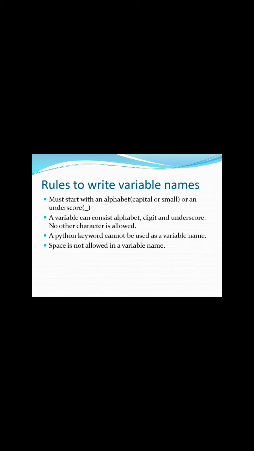So let's see the rules to declare or write a variable name. First, it should always start with an alphabet. It may be capital or small, or you can start with an underscore. A variable can consist of alphabets, digits or underscore. No other special symbol is allowed in a variable name.